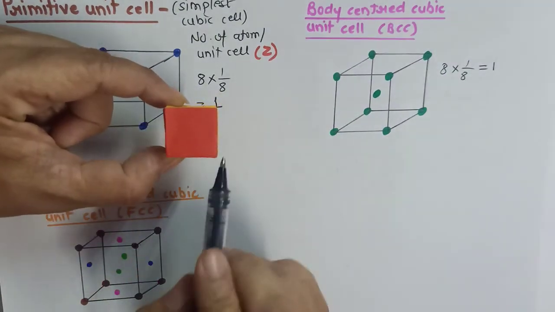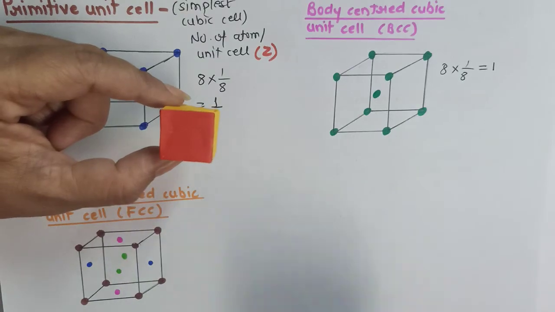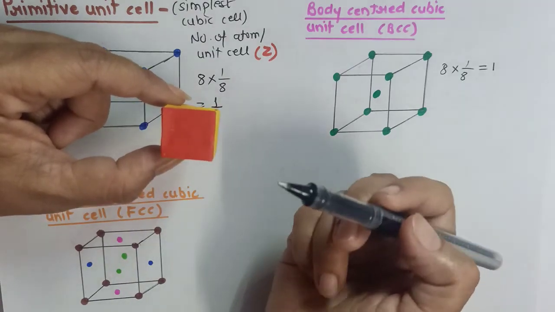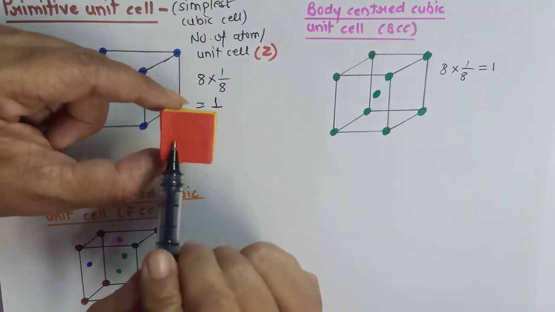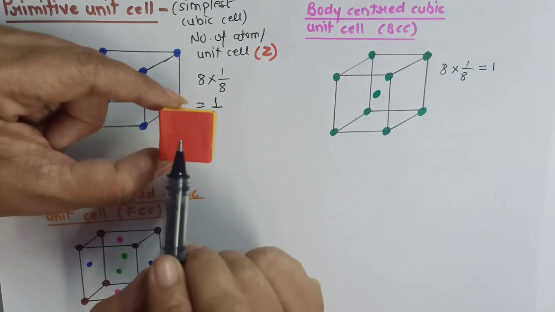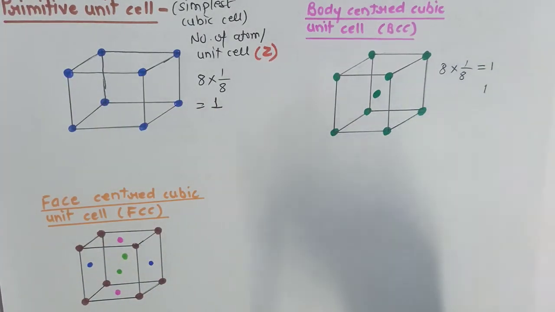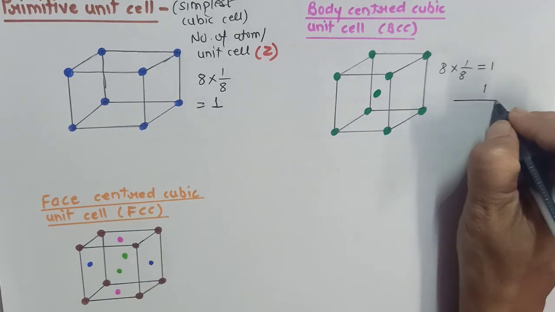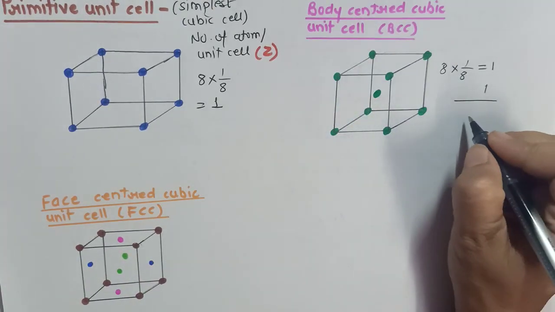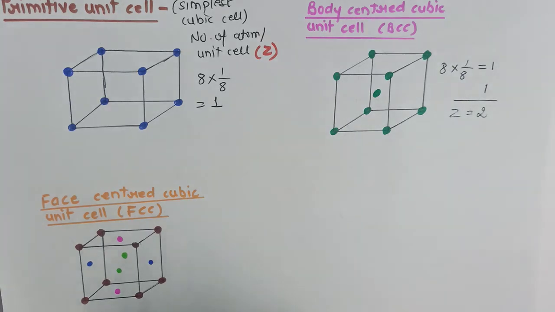These 8 corners are already a part of different unit cells also, but the one present inside this unit cell completely belongs to this unit cell itself, and therefore gives its complete contribution, and in BCC Z will be equal to 2.